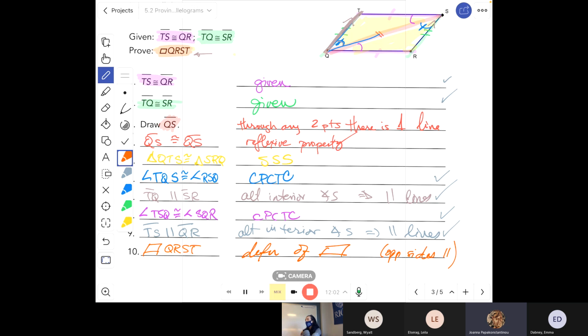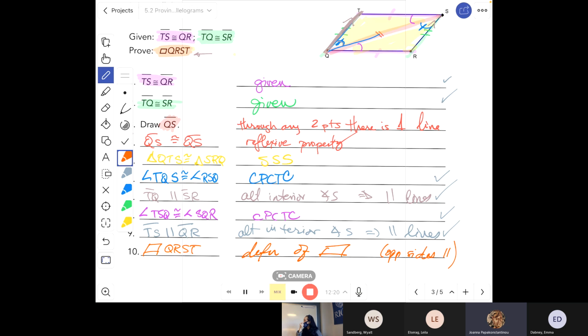Does that make sense? If it were just to show that they're parallel, you could stop. Or if they're just to show that they're congruent, you could stop. Or if you were just showing that the alternate interior angles were congruent, you could stop, because that would show that piece of it. But if we're trying to prove the definition of a parallelogram, then we want to show all of those things are true.